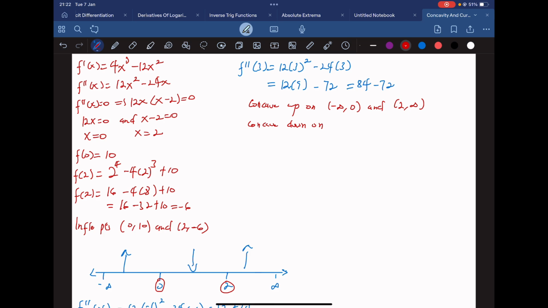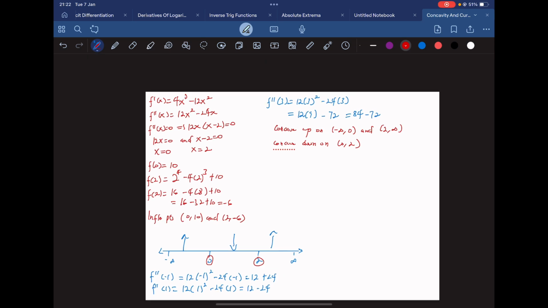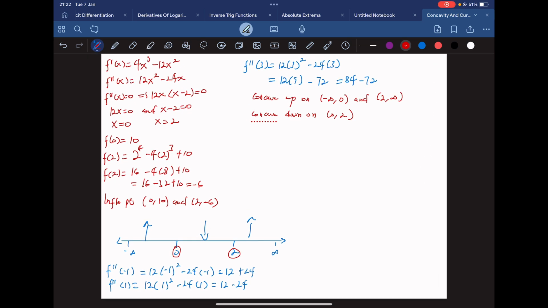It's concave down over here, 0 to 2. So now the next thing to do is we have to sketch the general shape of the graph.